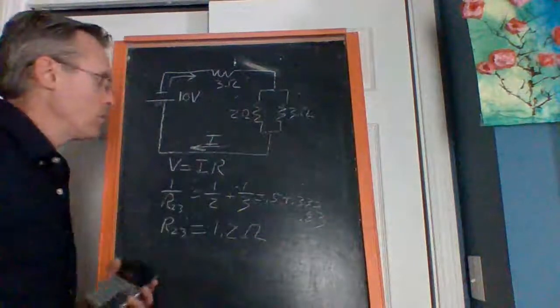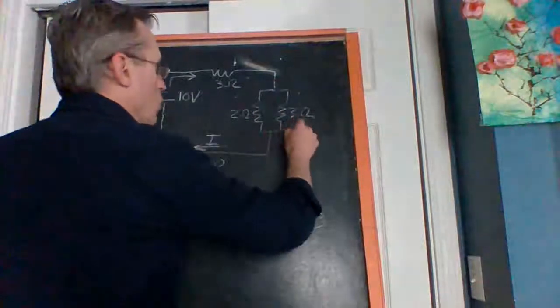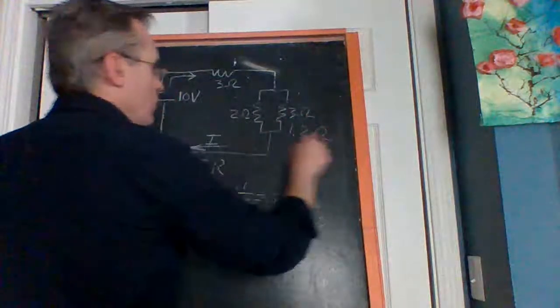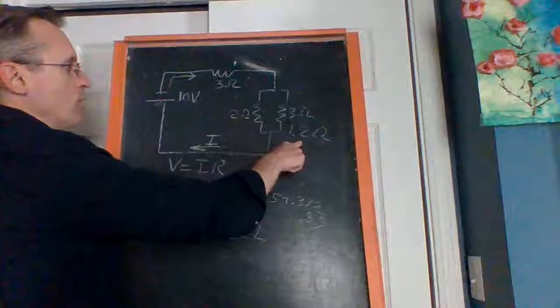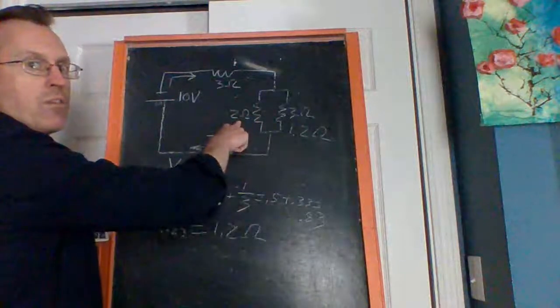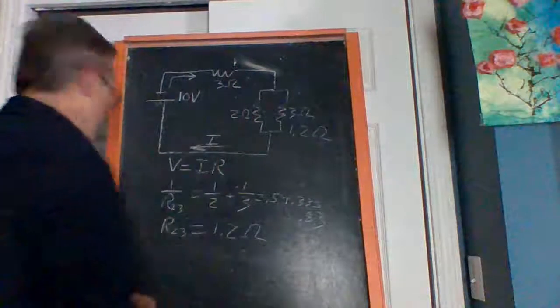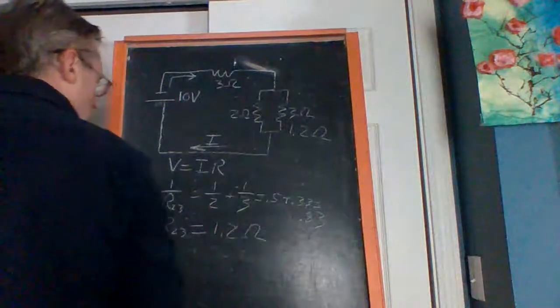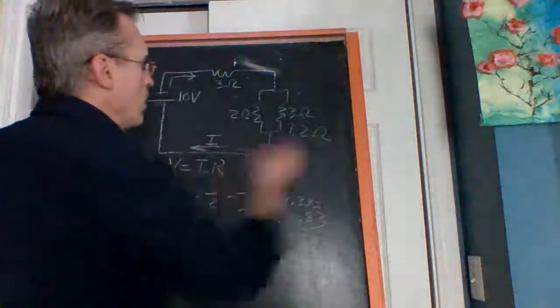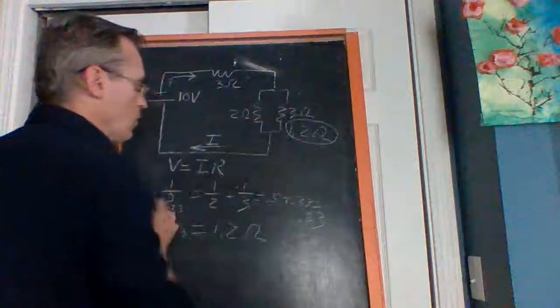So my equivalent resistance here is the same as a 1.2 ohm resistor. Notice that 1.2 is less than the 2. Remember, it's less than your smallest resistance.